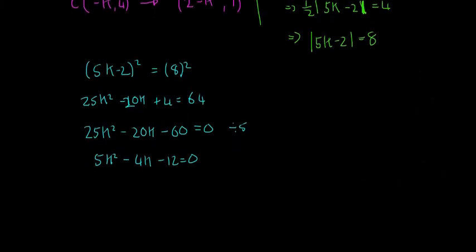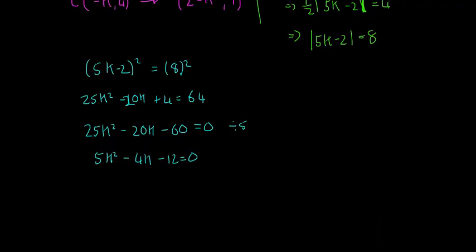You have to use the quadratic formula. I'm not going to go through the effort because I'm sure you guys know how to use the quadratic formula by now. And if not, you can watch our videos on algebra. So I'll just skip to the answers, which are k is equal to 2 and k is equal to -6/5.